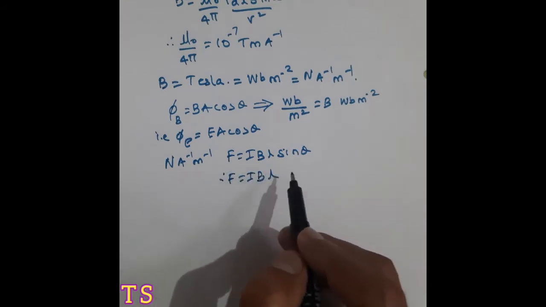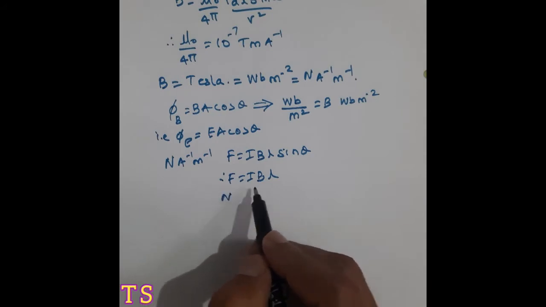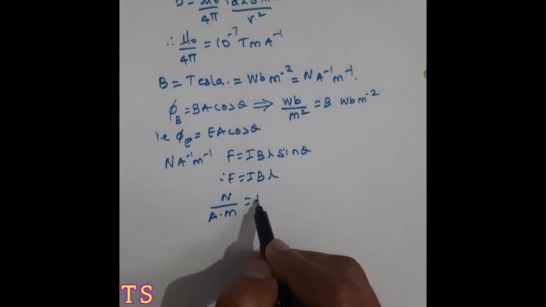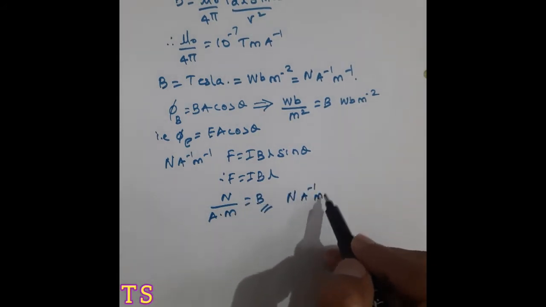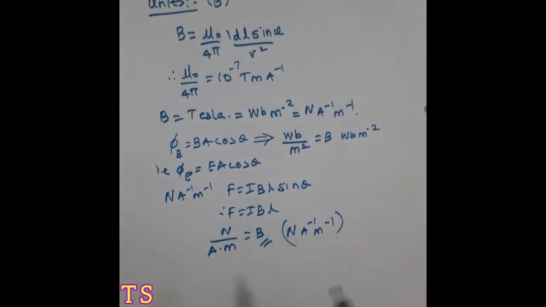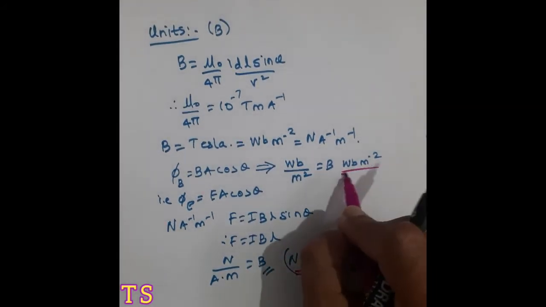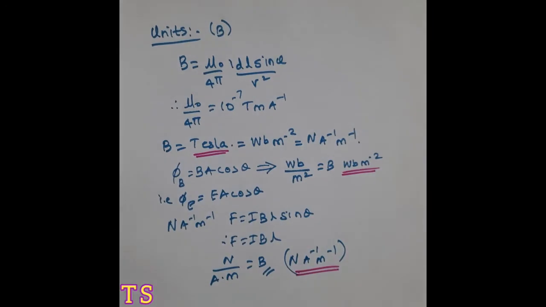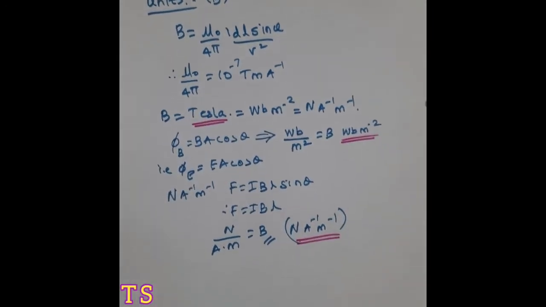If I take only these known values, force is in Newton, I is in ampere, L is in meter, we get the unit of B, that is Newton per ampere per meter. So I have one unit here. You need to be very careful when we use the unit. This is my one unit, this is my another unit, and this is the unit we call Tesla. That means for all these units we can say it's a Tesla.